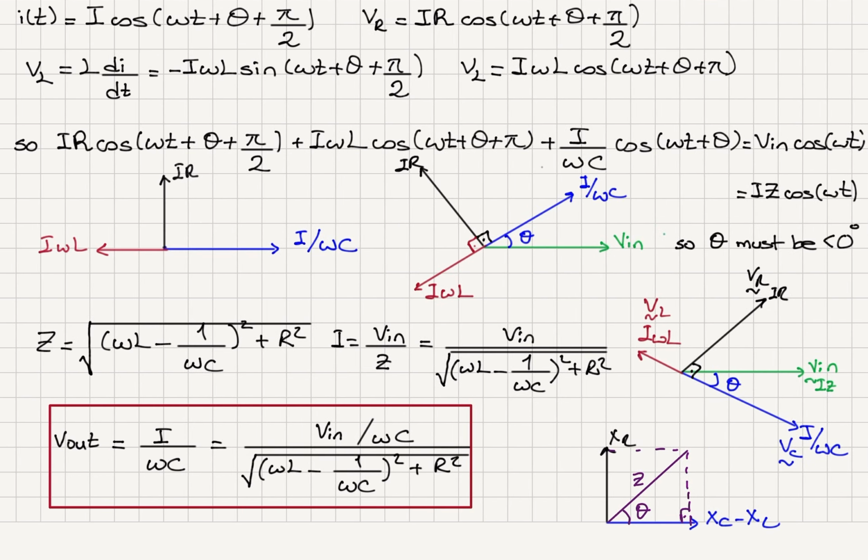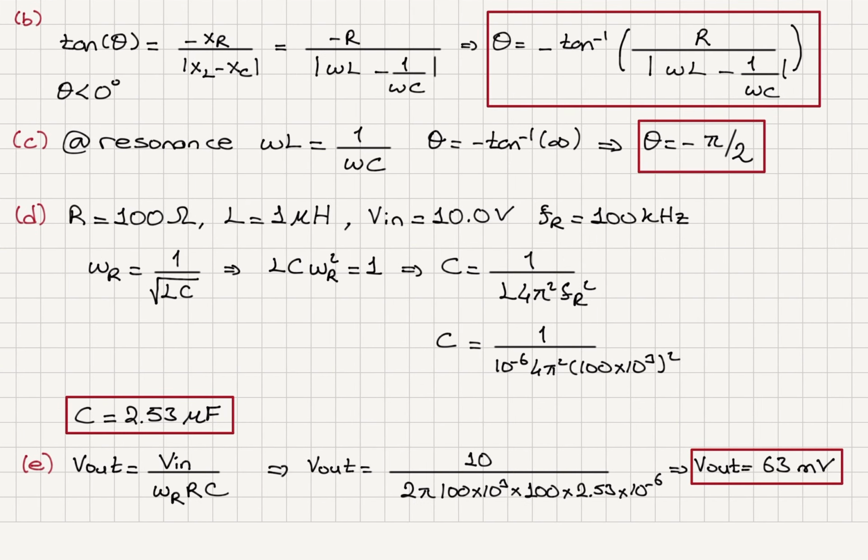Now this angle theta, with respect to the x-axis, tangent of the angle is XR divided by XL minus XC, but the angle must be negative, so to ensure it's negative, I put a minus sign here, minus XR divided by absolute value of XL minus XC. From this we can obtain theta. If we have the resonance condition satisfied, omega L is 1 over omega C, theta becomes minus tangent inverse of infinity, which means the angle is minus pi over 2.